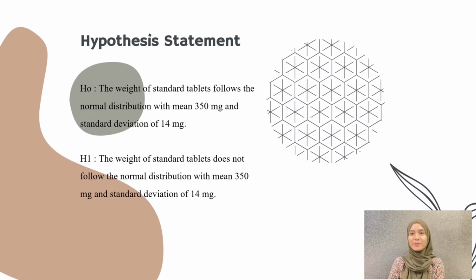So, the hypothesis statement is H0 equals to the weight of standard tablets follows the normal distribution with mean of 350 mg and standard deviation of 14 mg. But the H1 is the weight of standard tablet does not follow the normal distribution with the mean of 350 mg and standard deviation of 14 mg.